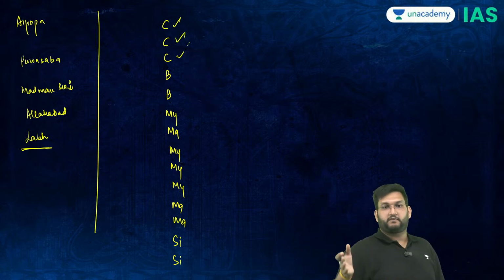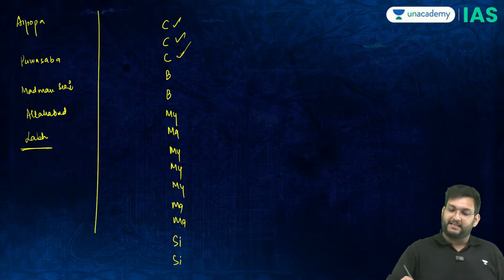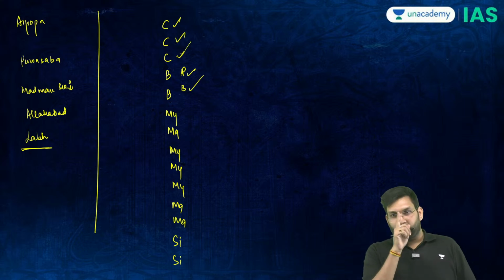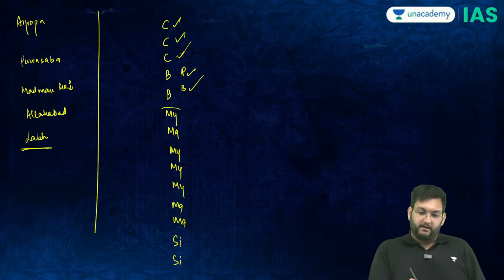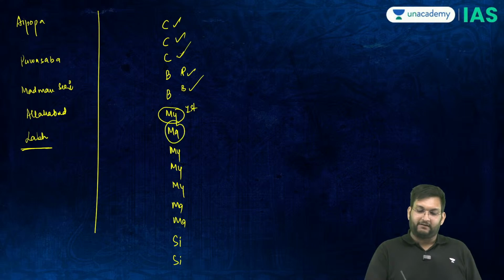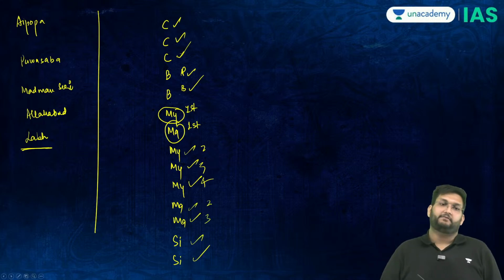Then you have Plassey and then Buxar, the two Bengal wars. The only anomaly is, first Mysore War happens, then the first Maratha War happens. Thereafter, Mysore second, third, fourth, Maratha second, third, Sikh first and second.